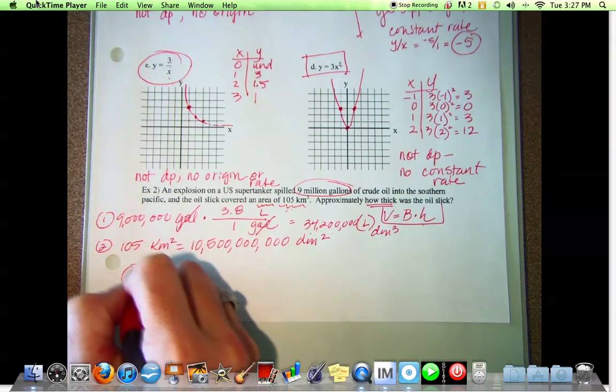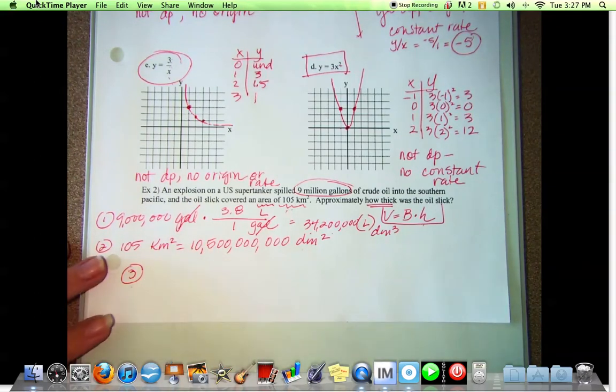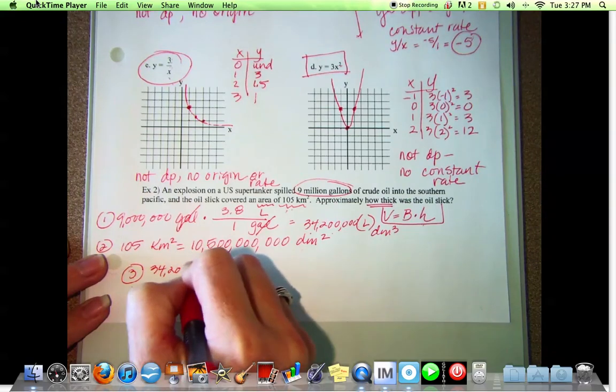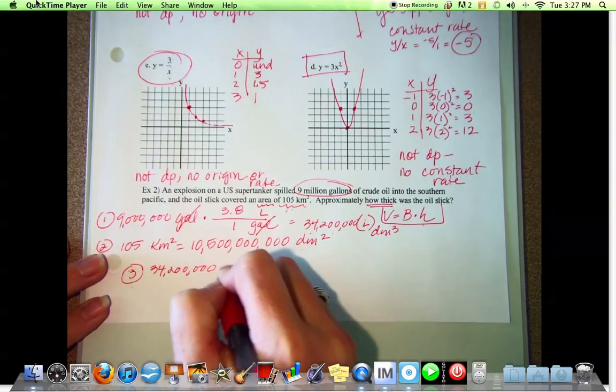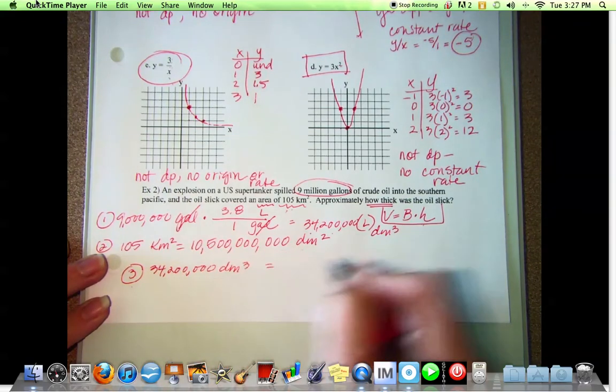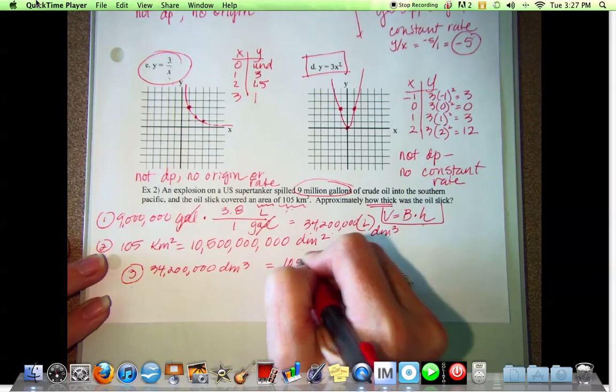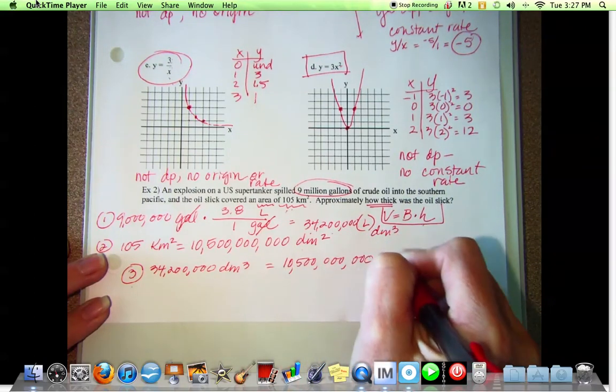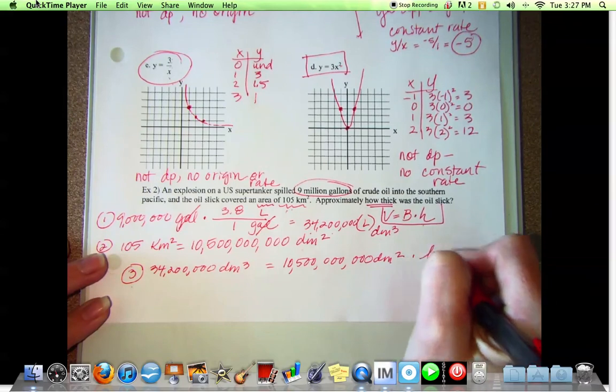So the last step, you guys know what it is. We need to divide. So we have 34,200,000 decimeters cubed equals 10,500,000,000 decimeters squared times the height.